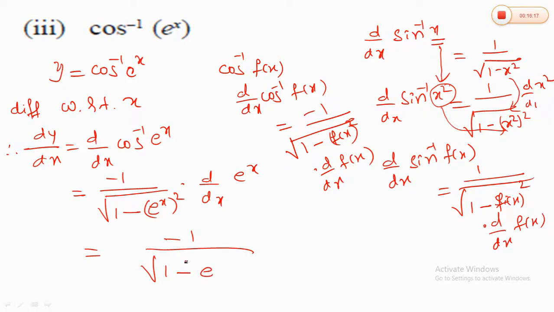While writing this, e raised to x bracket square is e raised to x into e raised to x, that is e raised to 2x. So remember these things, simple things, but you have to take care of this. Therefore e raised to x bracket square is e raised to 2x. And the derivative of e raised to x is e raised to x.